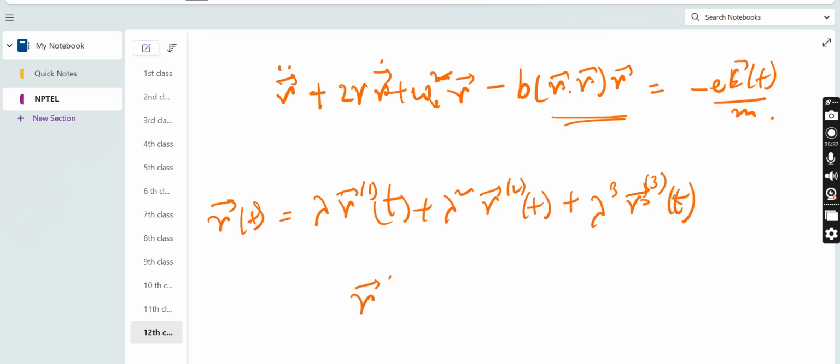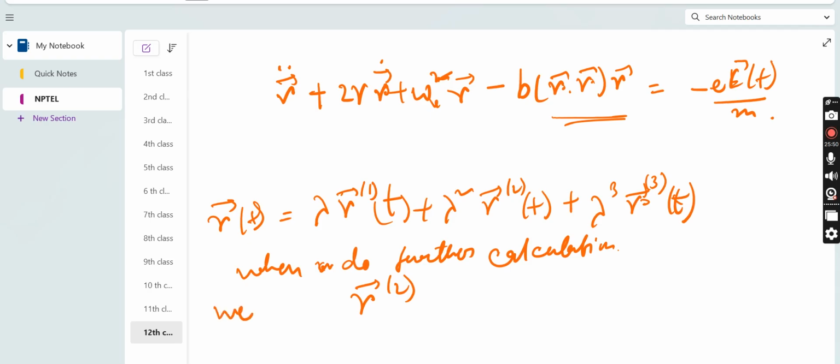So R2, when we do further calculation, we see that R2, R4, R6, they become 0.